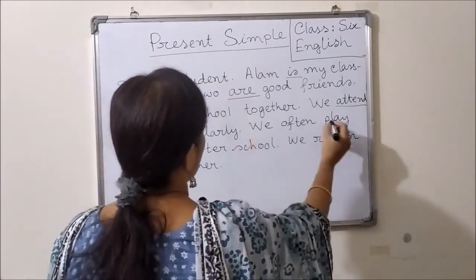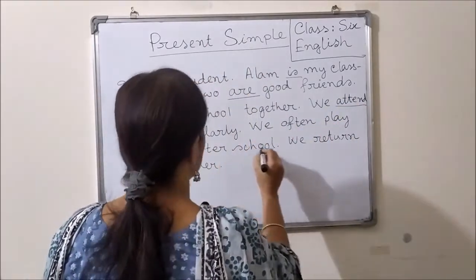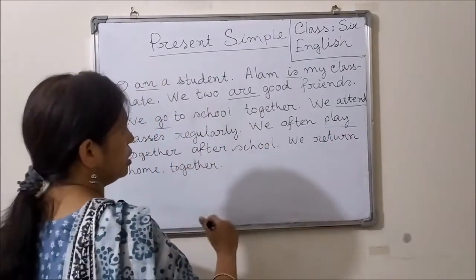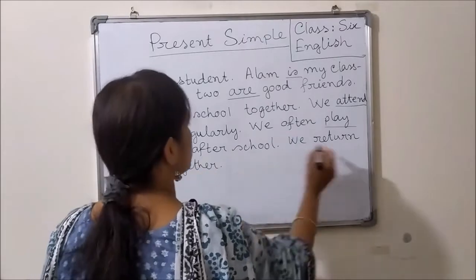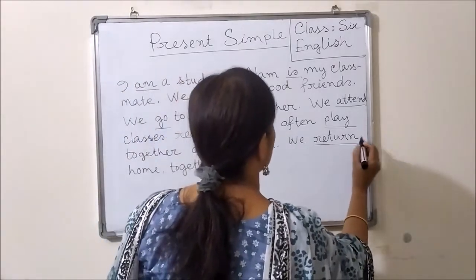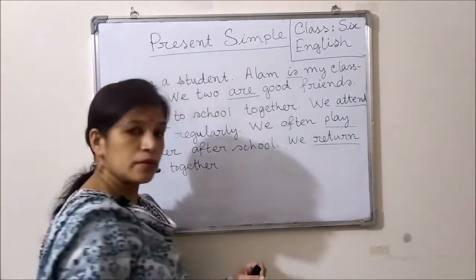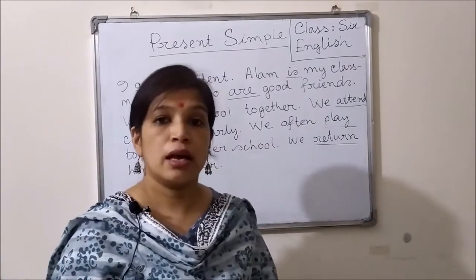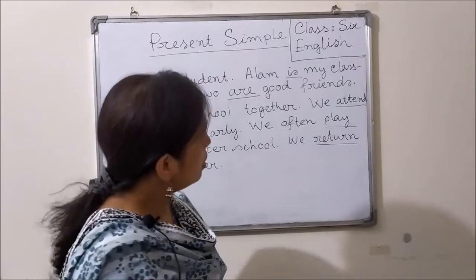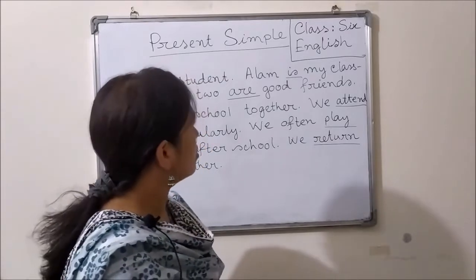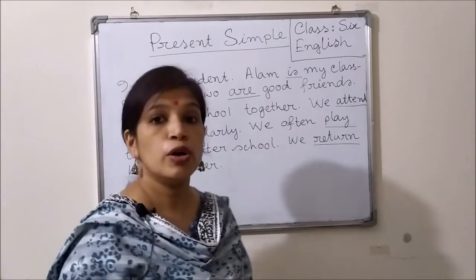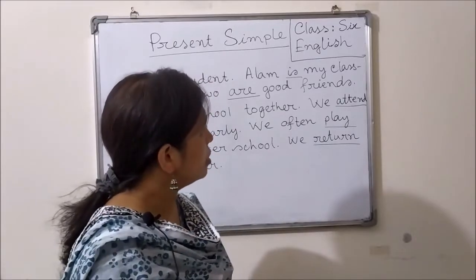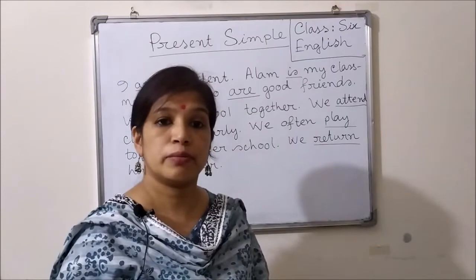Then we often play together after school. Here play is a verb. Then the last one, we return home together. Here return is a verb. Okay dear learners, we have identified the verbs in the passage. Here we can see the use of two types of verb. One is be verb and another one is action verb.